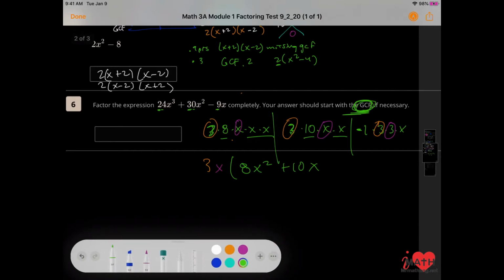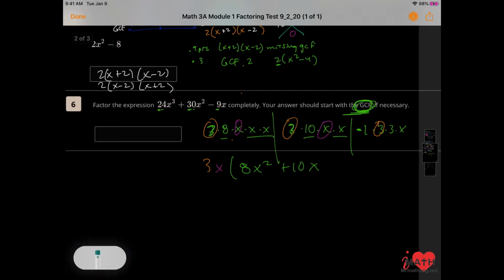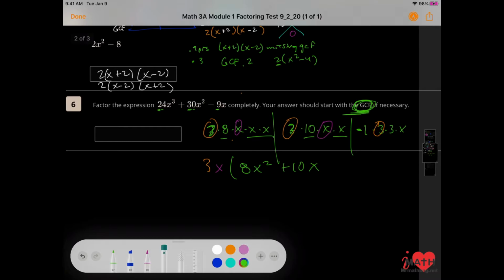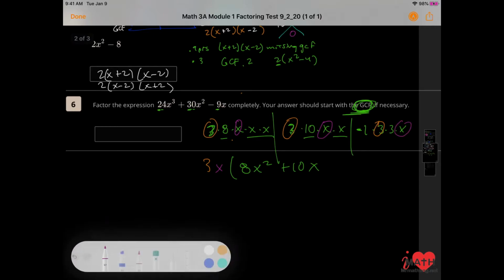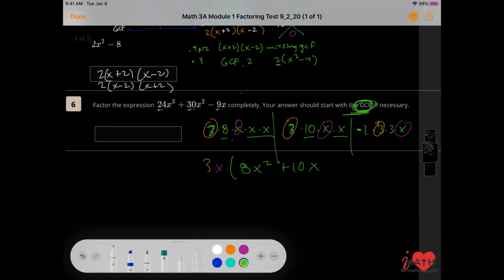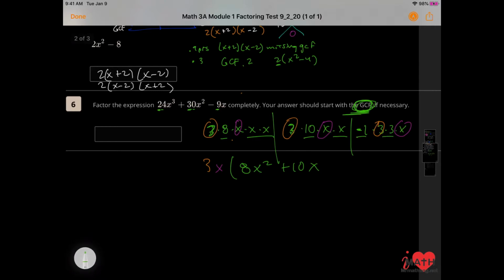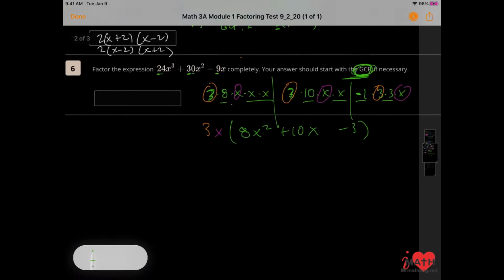I circled the wrong thing over here. Factoring, please. Hey, pink. There we go. All right. And that would have been minus 3.